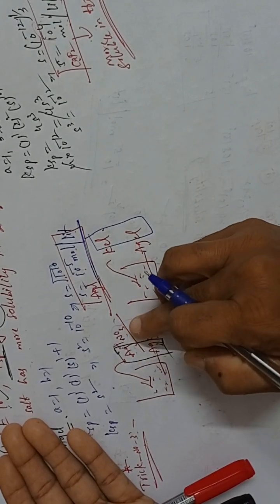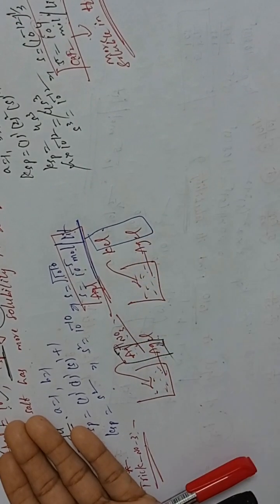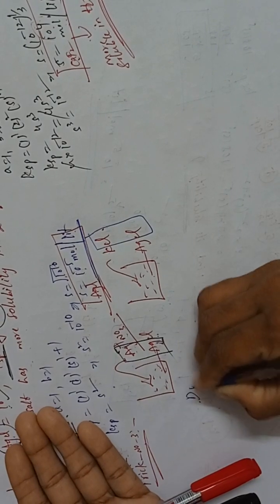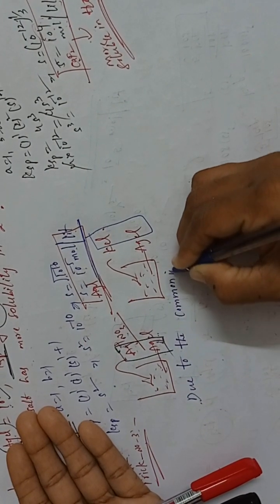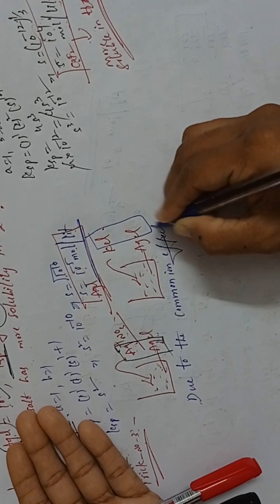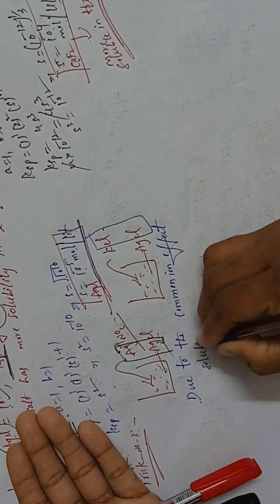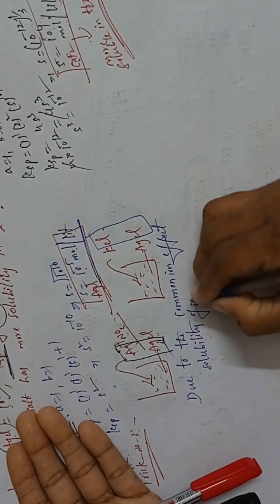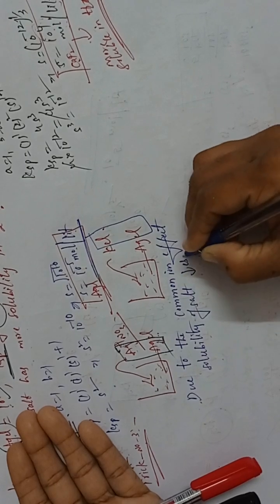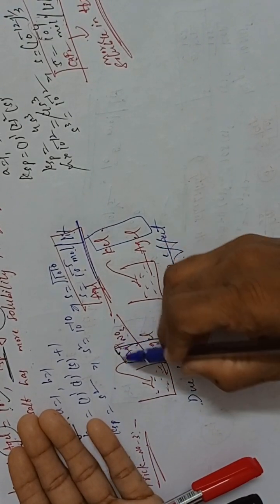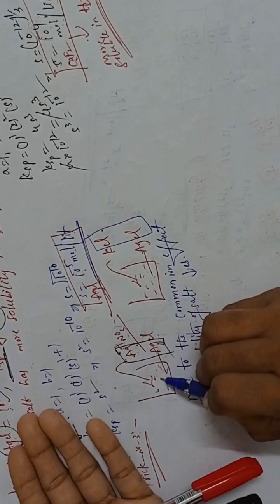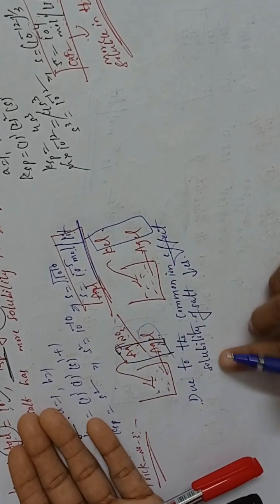Due to the common ion effect, the solubility of salt decreases, students.